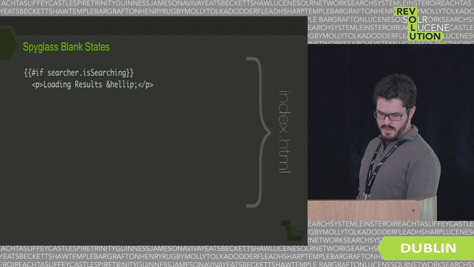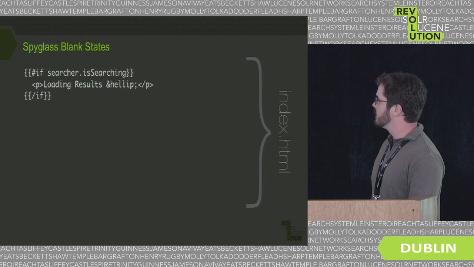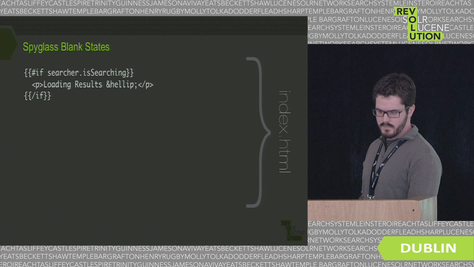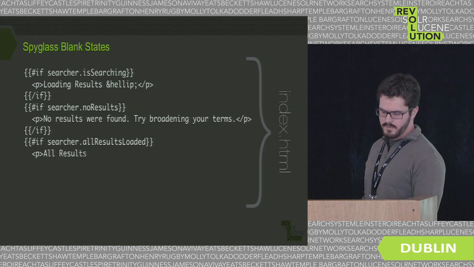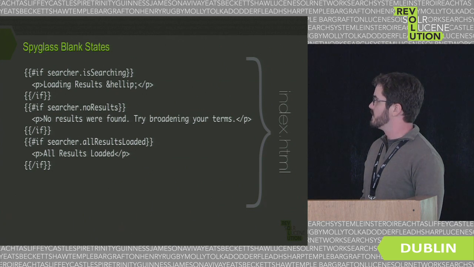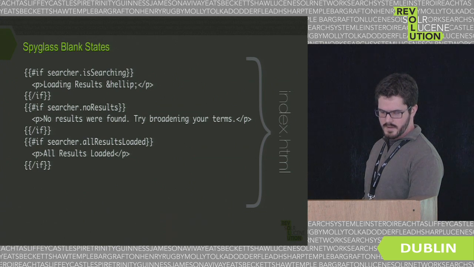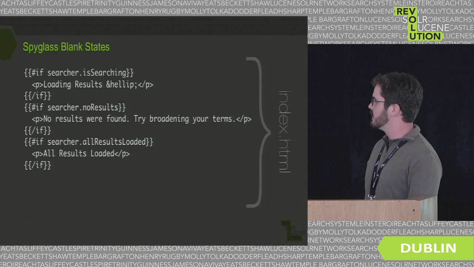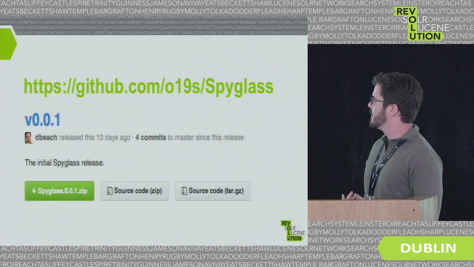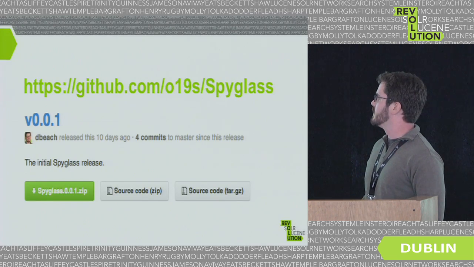A few nice benefits of the handlebars templates are the ability to add blank states. So here we have a few state things. We have messages for is searching, no results, or all results loaded, and just some messages based on the state of the application there. You can go ahead and download it, try it out.